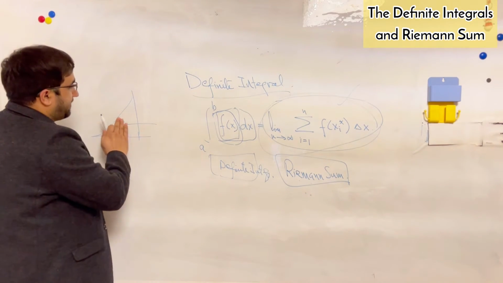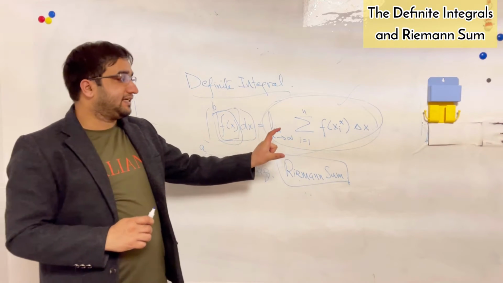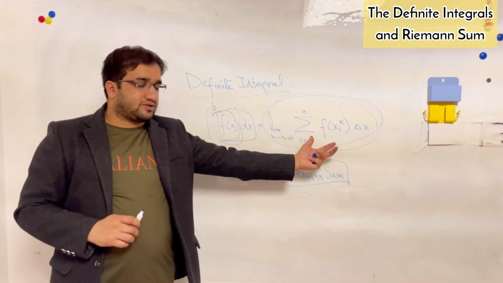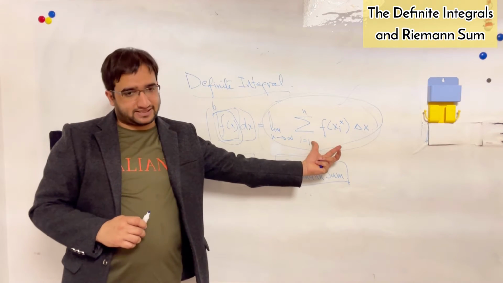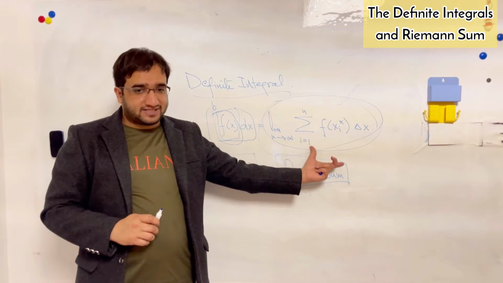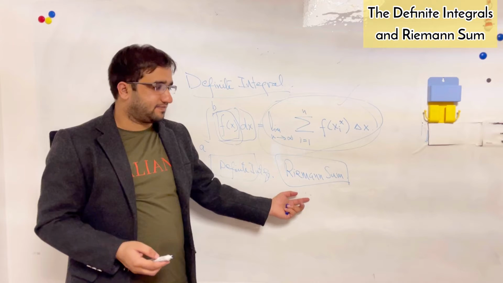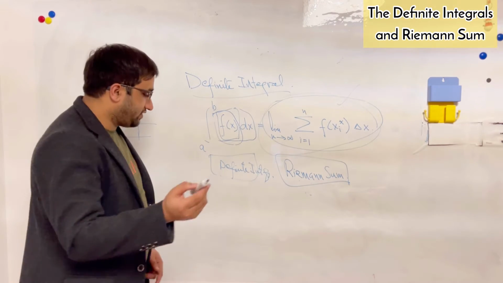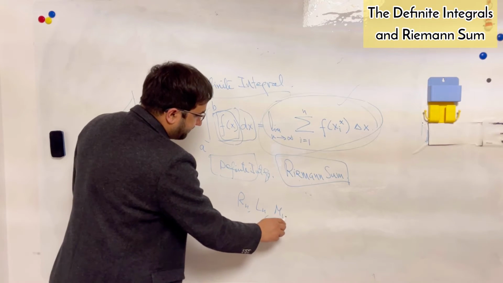Now, using the Riemann sum, you should be clear enough. The first concept we were talking about, the area and distance, is now known as the Riemann sum. So if in a question I ask you to find the Riemann sum, I will tell you whether to use left endpoints, right endpoints or midpoints. You just need to find Rn, Ln or Mn.